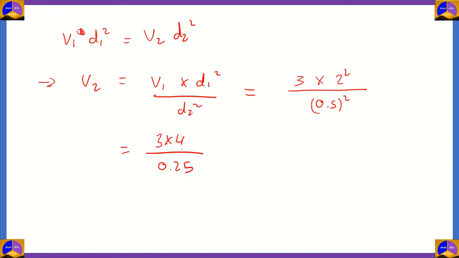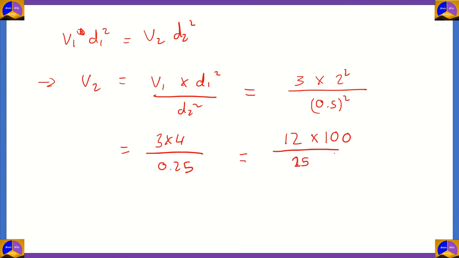Now we could start solving straight away, but since the denominator is in decimal form, we can simplify it to make our calculations easier. So 3 times 4 is 12, divided by 0.25; let's make the denominator 25. When the denominator is multiplied by 100, we need to multiply the numerator by 100 as well.